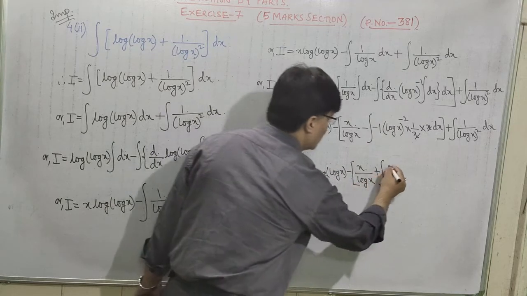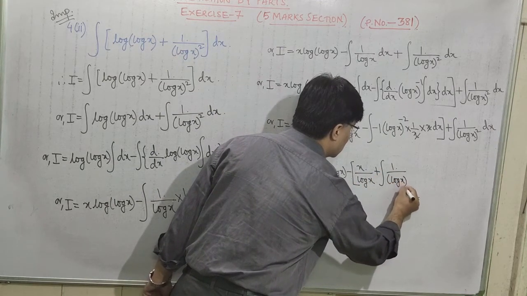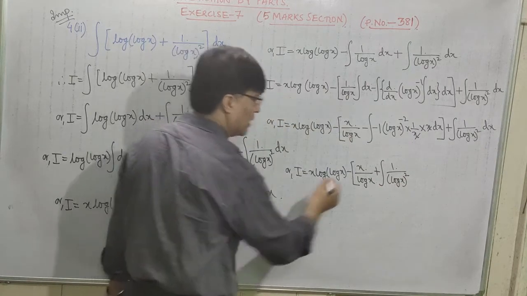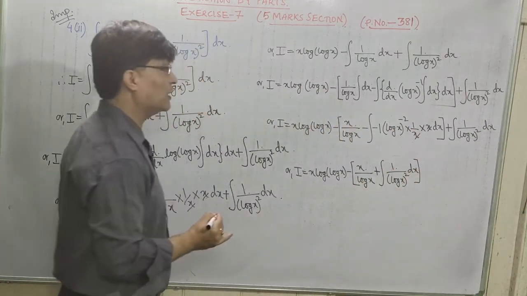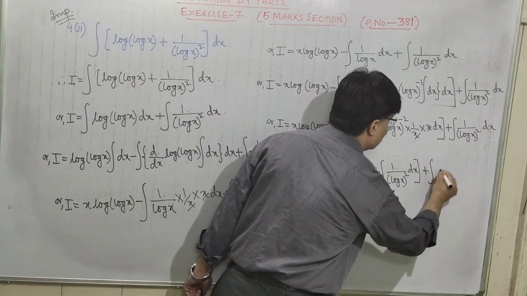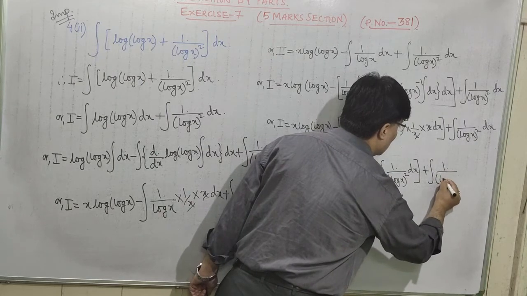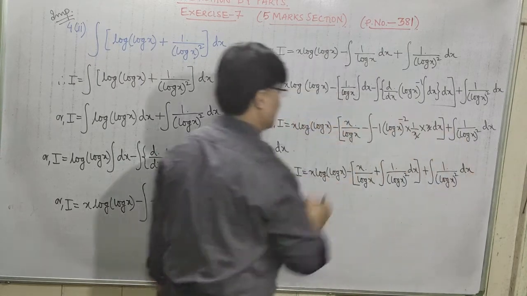What is (log x) to the power minus 2? It is 1 upon (log x) whole square, then you write dx. So here the third bracket is closed, and the last integration is plus the integration of 1 upon (log x) whole square dx.